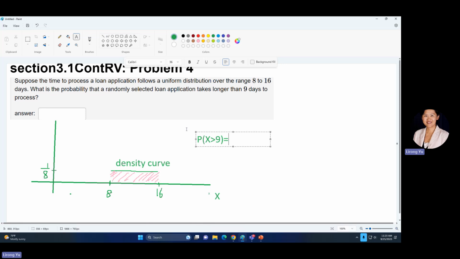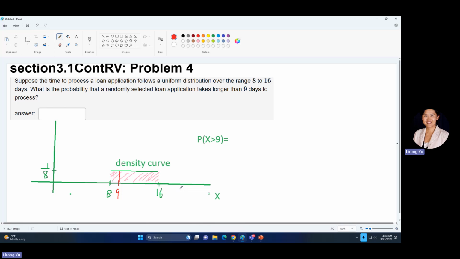So what we're looking at, we're going to identify the 9. We're going to find on the number line, because it's between 8 to 16, 9 is roughly here, a little over 9. So we want to know the probability to be over 9. As you can see, if the total is between 8 and 16, to be higher than 9 is very likely, right? So if you submit an application, it will tell you anywhere from 8 to 16.